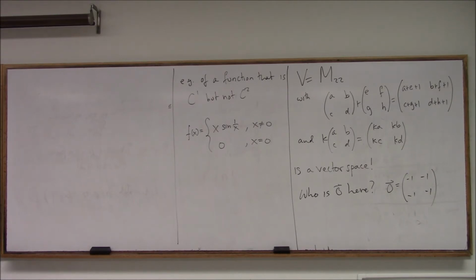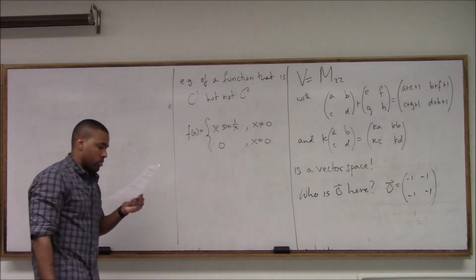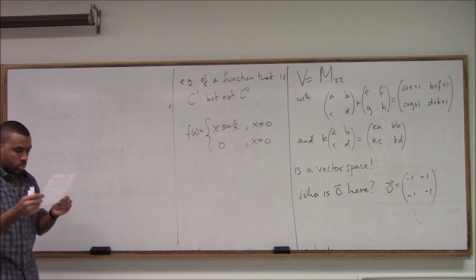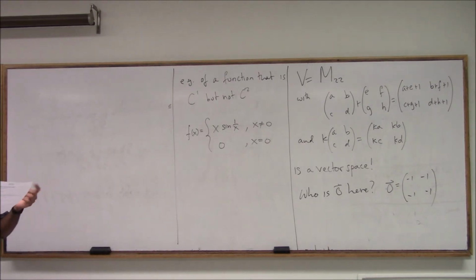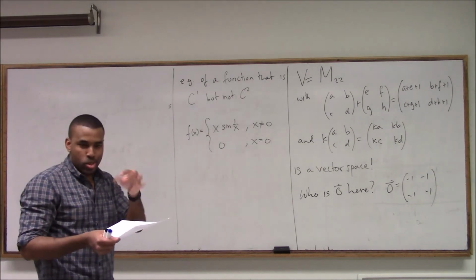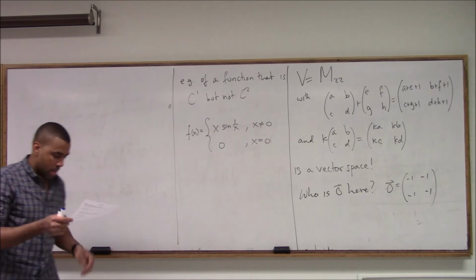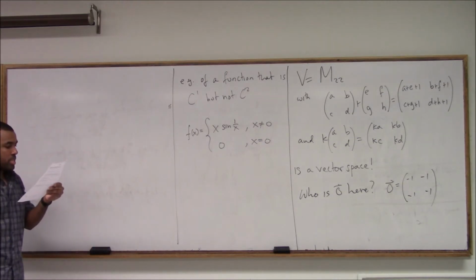That was the one on Z2 where 1 plus 1 was equal to 1, 1 plus 0 was equal to 1, all that stuff. In that example that I gave last time, you can think of 1 as true and 0 as false, or 1 as on and 0 as off. And those sets of equations that I gave you would sort of make sense.